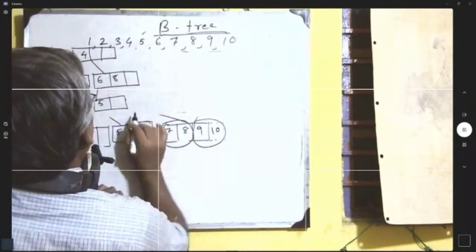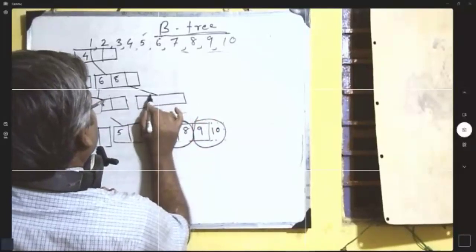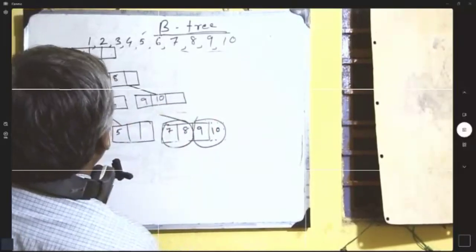And 9, 10: 8 is already shifted here, and 9, 10 are the other two nodes, which will take the position at the right of the 8.